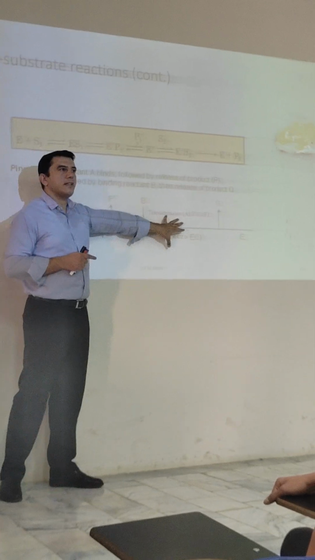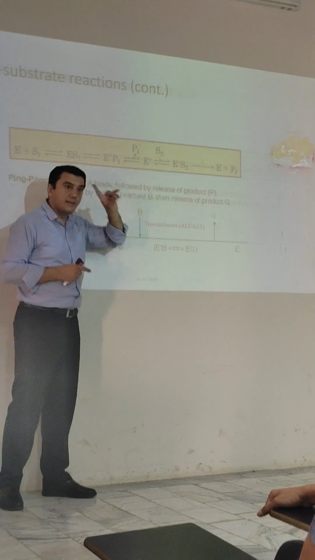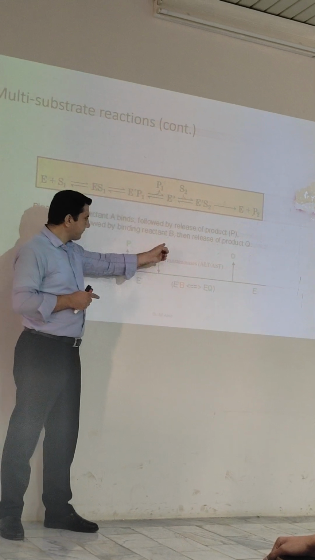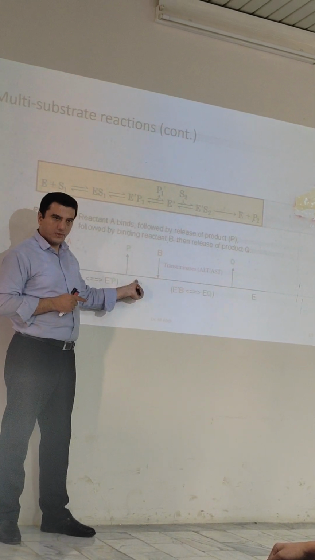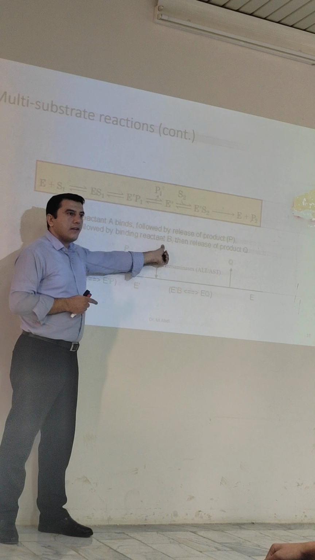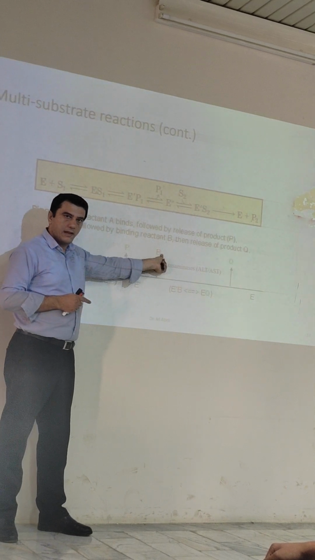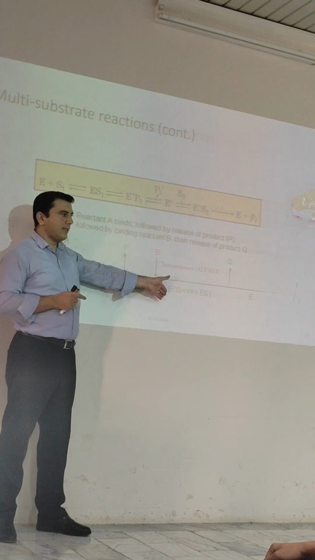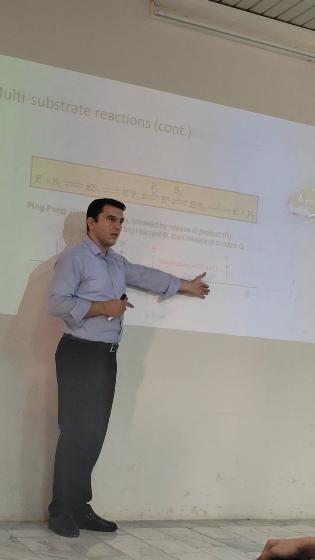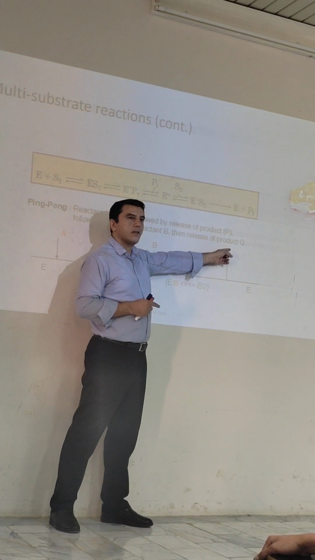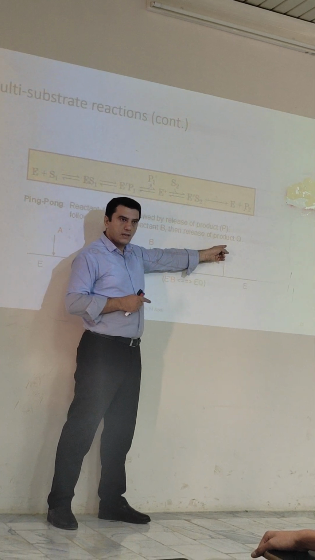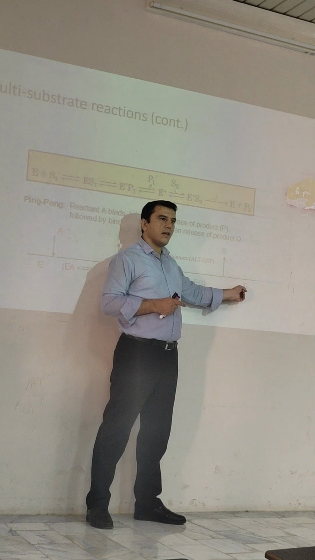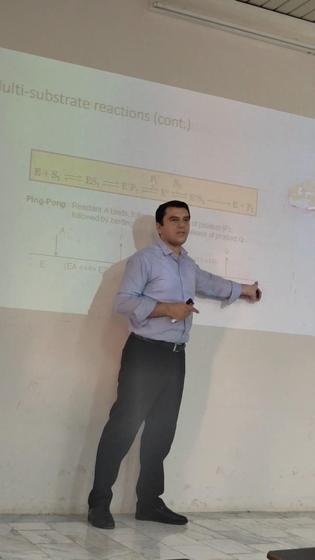We don't have the second reaction until the enzyme changes. When the enzyme has changed, the second substrate enters the active site, and then the second product is produced and the enzyme changes back to the original form.